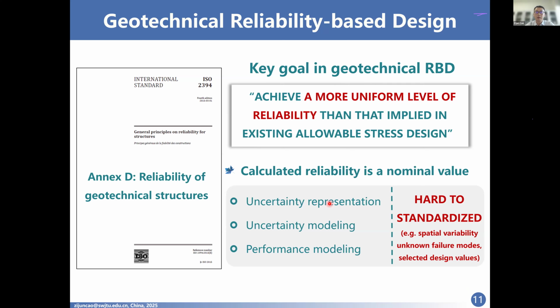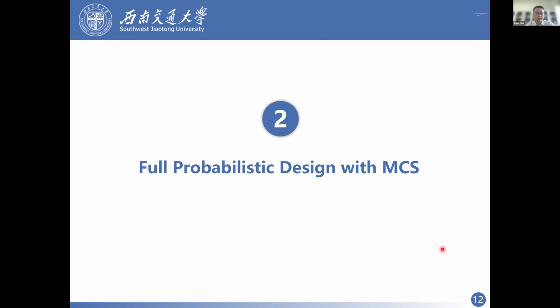It depends on uncertainty representation, modeling, as well as the performance modeling, which are hard to standardize for the design procedure due to a number of distinctive elements of geotechnical RBD, such as the spatial variability, unknown failure modes of slope, selected design values that were mentioned by Professor Hicks. These elements, however, can be taken into account with relative ease under full probabilistic design framework in comparison with semi-probabilistic framework.